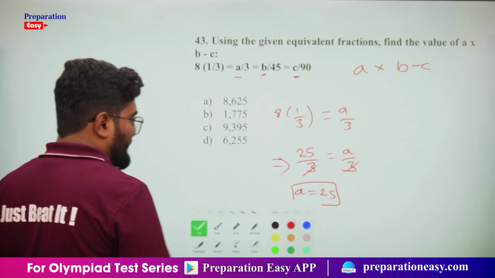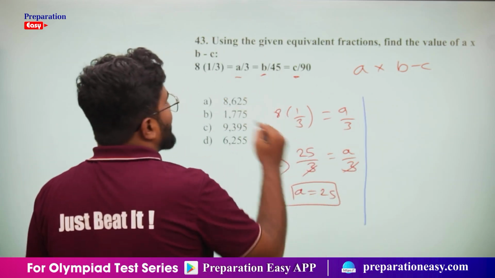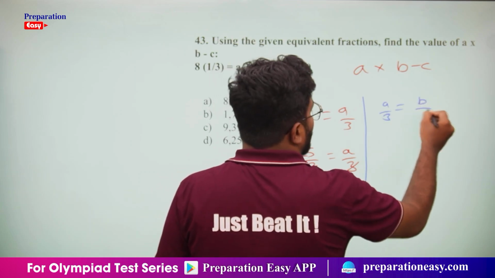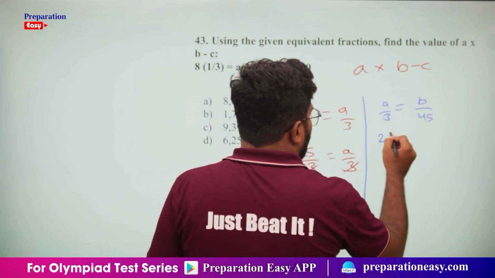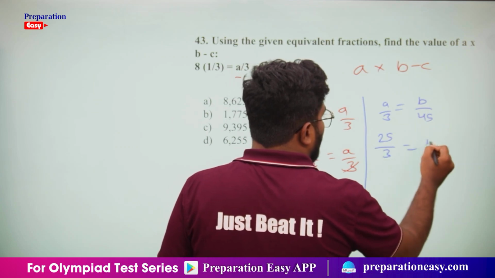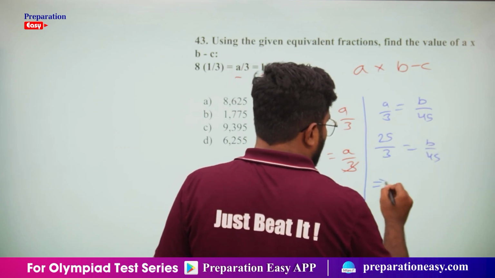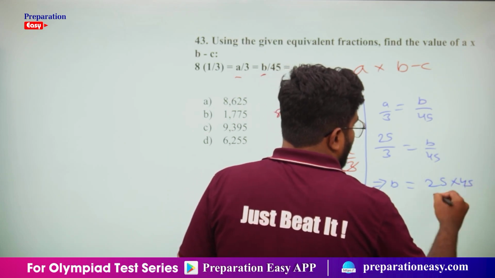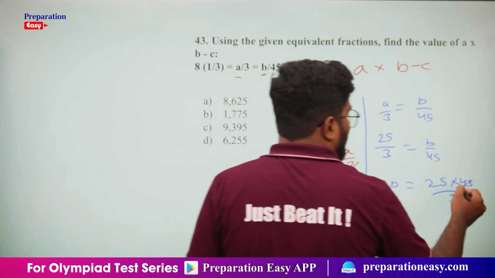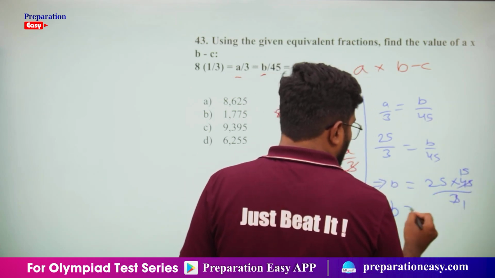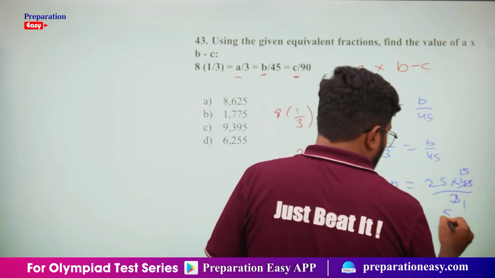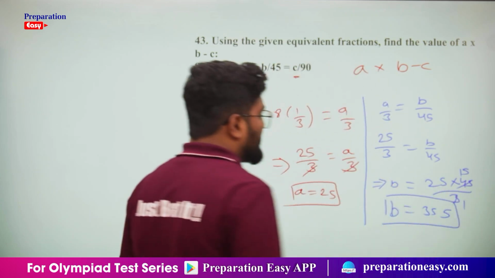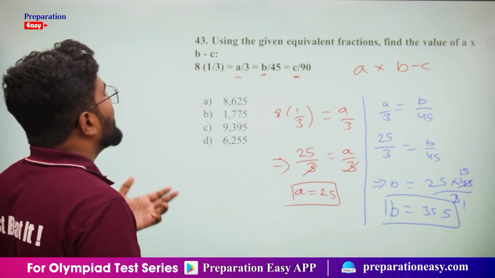We got a. Now we will check for b. A by 3 equals b by 45. So 25 upon 3 equals b by 45. That gives b equals 25 multiplied by 45 divided by 3. 3 fives are 15. So b would be equal to 375.